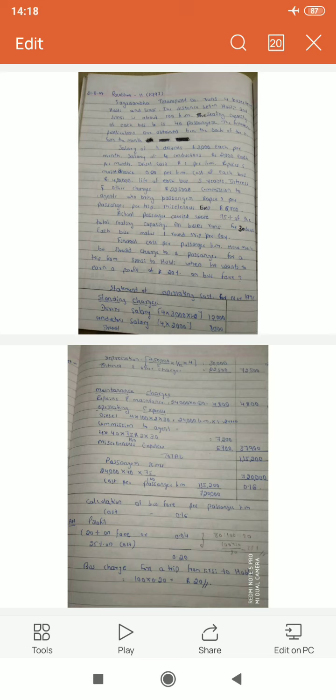The effective passenger kilometer is to be ascertained for a month, because it is specifically given in the problem that all buses run for 30 days, in the sense in a month. Therefore, our operating cost statement covers a periodicity of 30 days, in the sense 1 month.